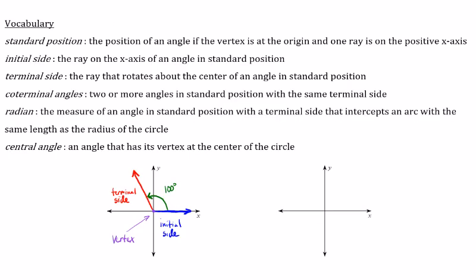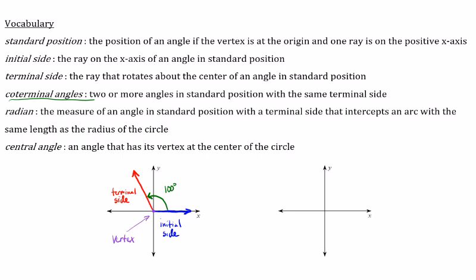All right, so now let's talk about coterminal angles. So coterminal angles, co means together, right? And terminal means the end, where they end up, right? Terminal side. So coterminal angles are angles that end up in the same place, in the same location.